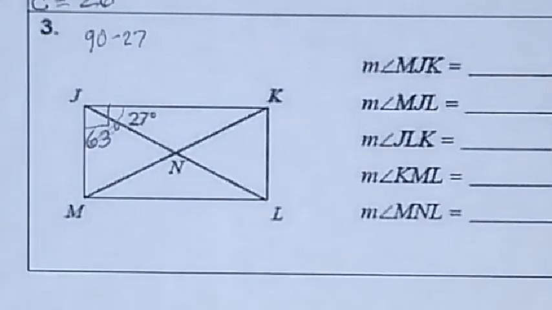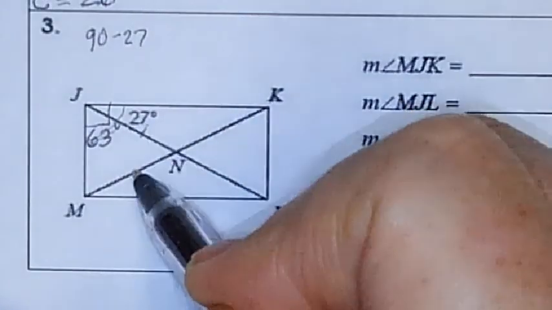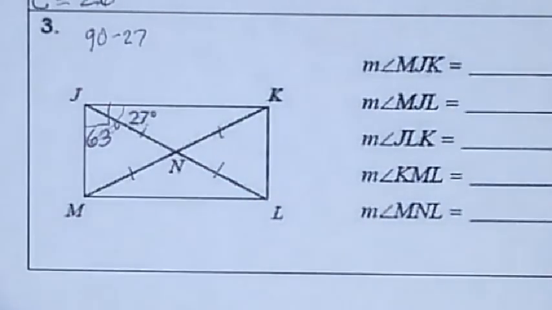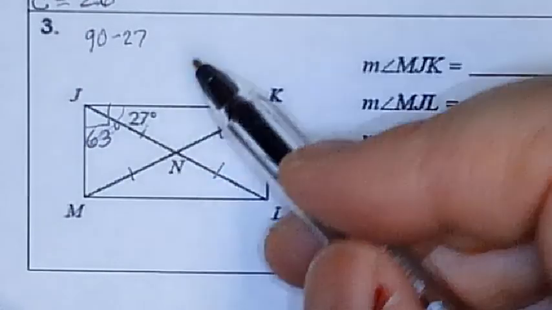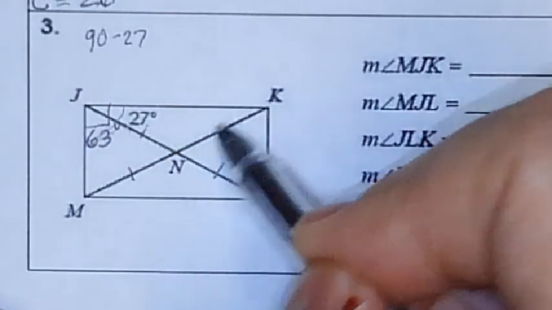And in this problem, another thing that I see is that since all these halves of these diagonals are the same, you have a bunch of isosceles triangles. For example, look at this isosceles triangle right here. This leg and this leg are congruent.